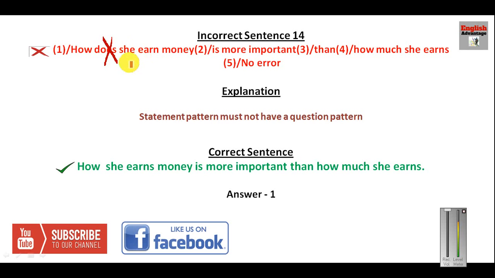So does you have to delete from here. Statement pattern must not have a question pattern. Does indicates a question, you have to make it into an affirmative sentence. So how she earns money is more important than how much she earns. This is how it will be corrected, and your answer will be 1.